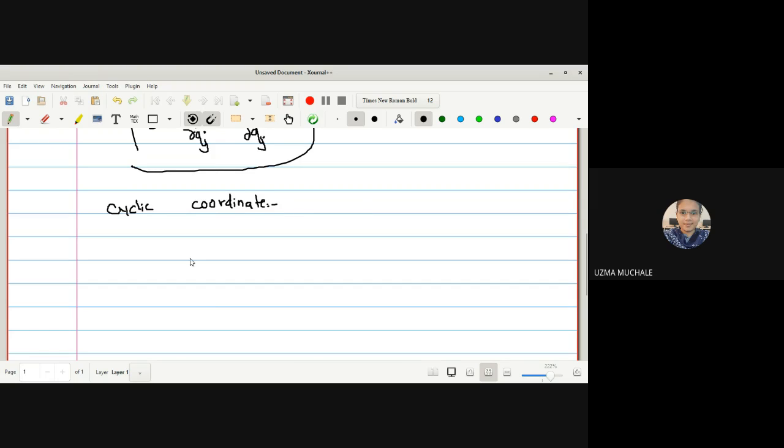A coordinate which is absent in the Lagrangian function is called a cyclic coordinate.